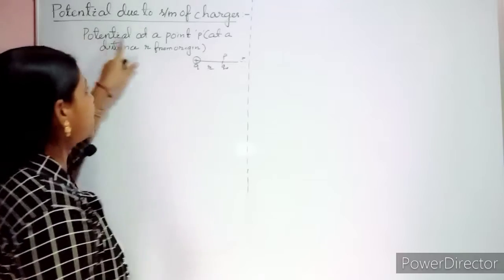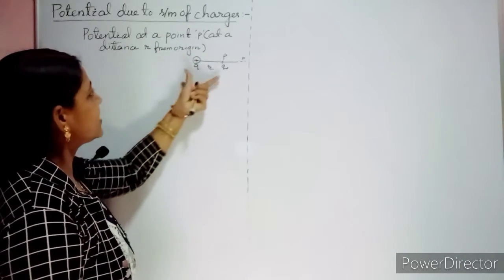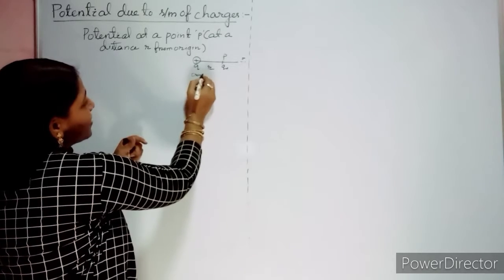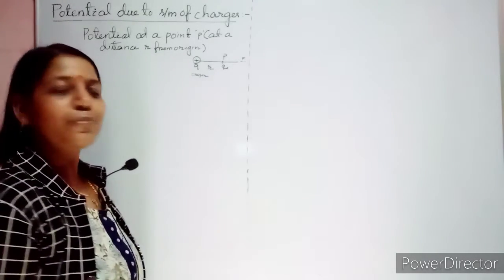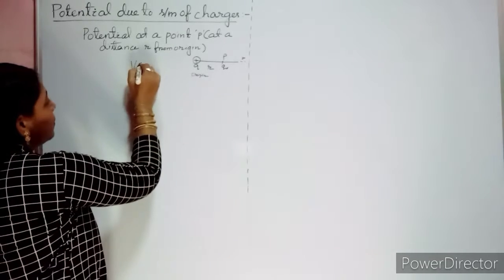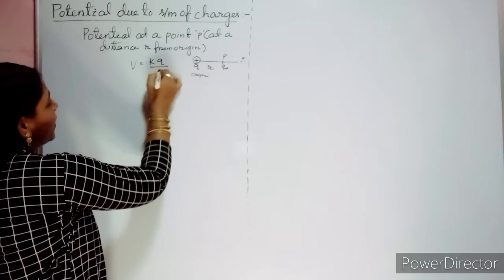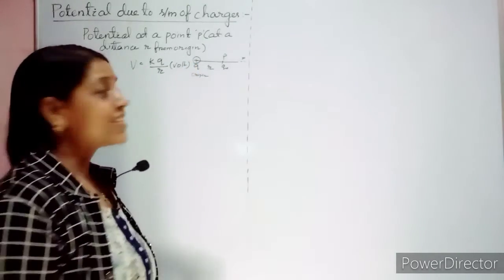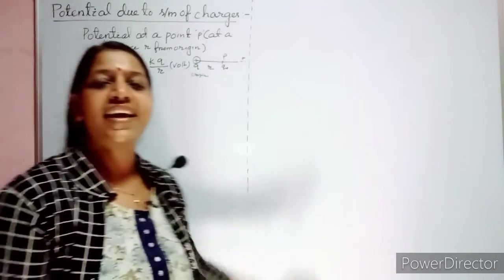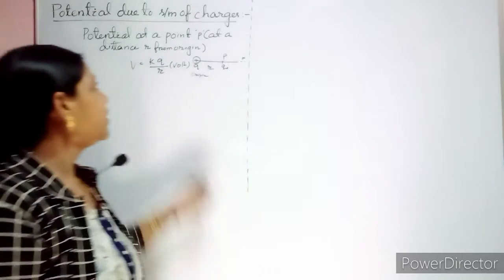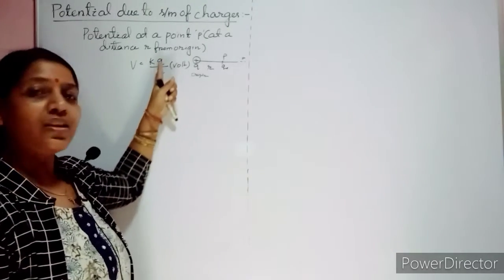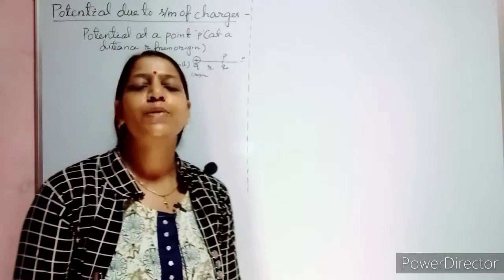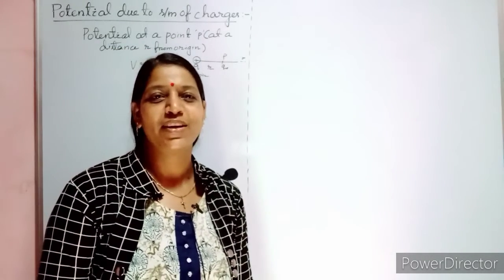Then the potential at point P, which is at a distance R from the origin, which is considered as your origin, is V equal to KQ by R volts. Yes or no? So your potential is directly dependent on your charge, or the electric field of this charge, and it is inversely proportional to the distance from the origin.